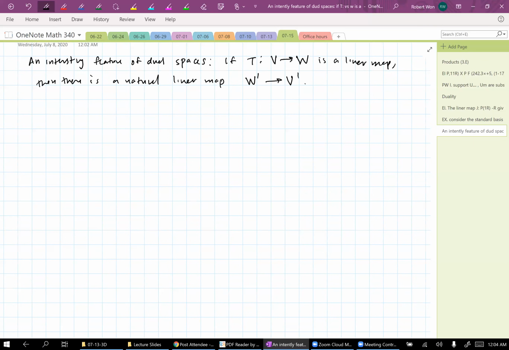How can I possibly say there's a natural linear map from W dual to V dual?